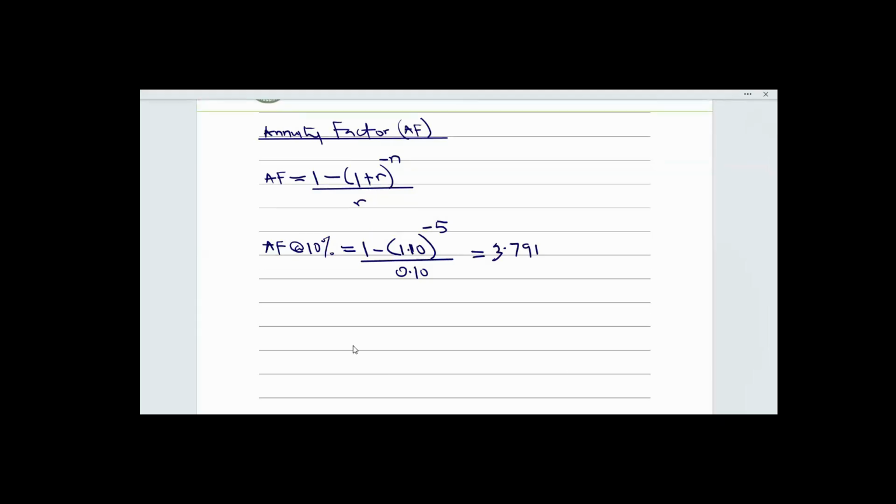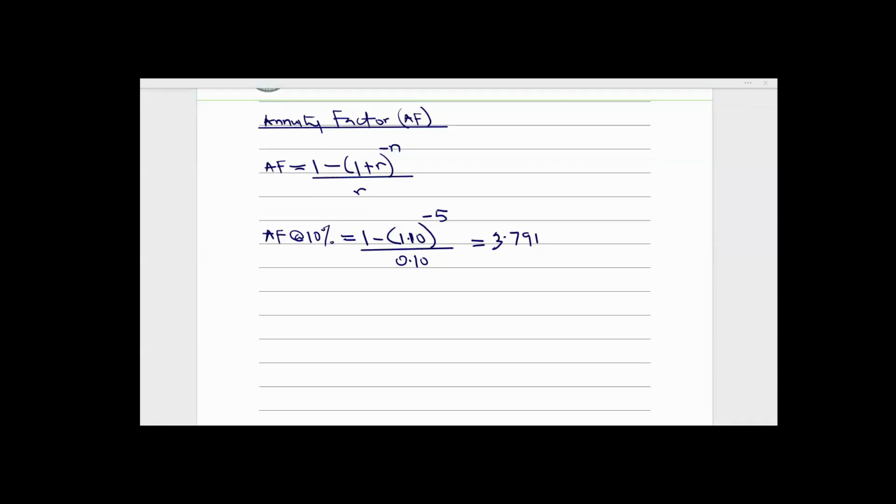You start from the parentheses. 1.1 raised to power 5 minus, equal, whatever you have in your calculator, minus 1, equal, divided by 0.1, equal. So we are going to get 3.791. So that's the answer: annuity factor of year 1 to 5 at 10%.